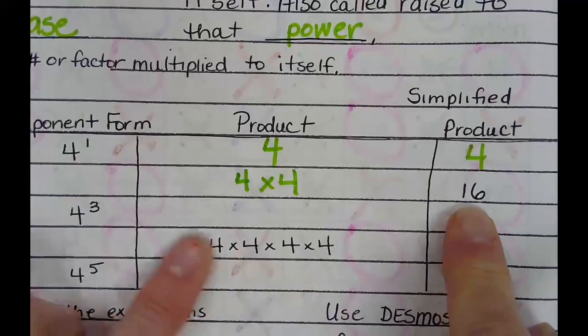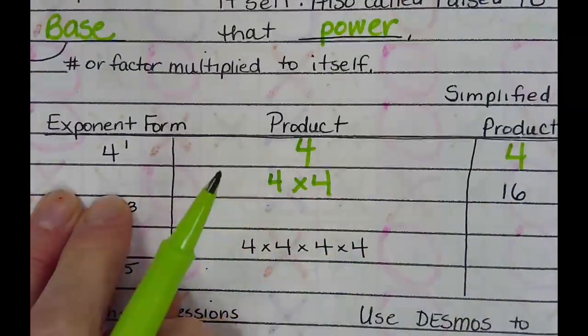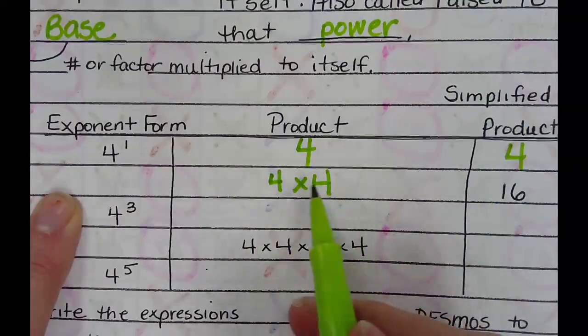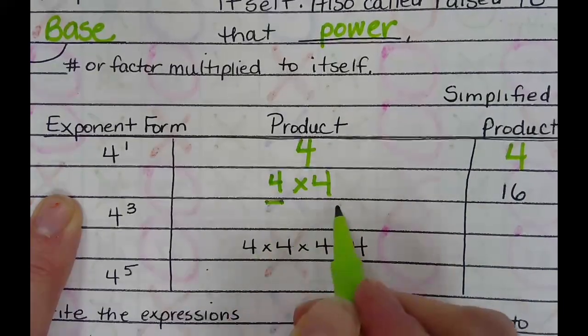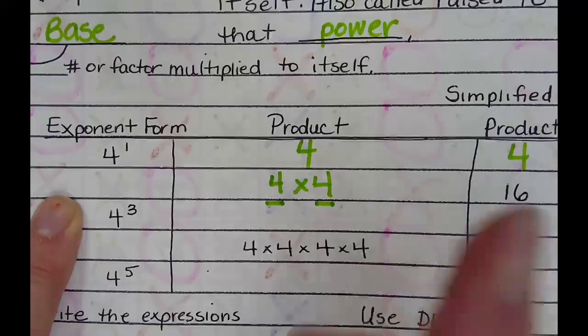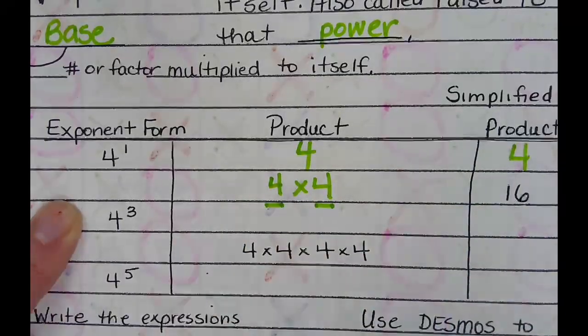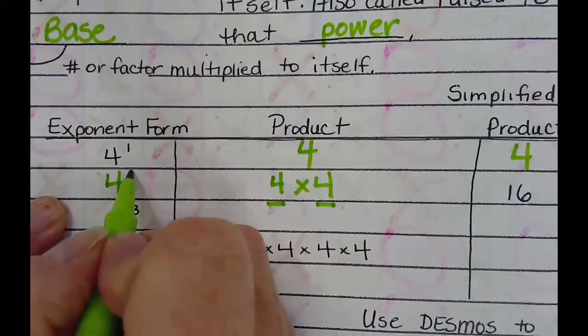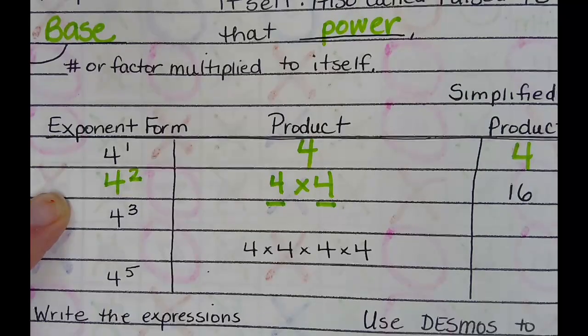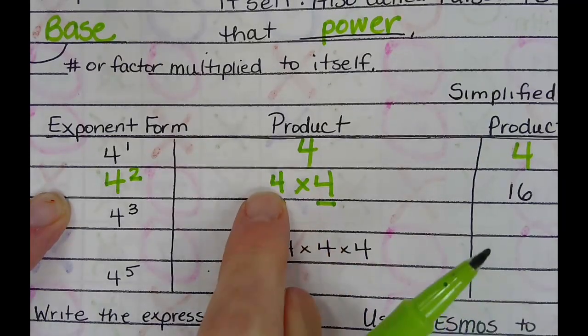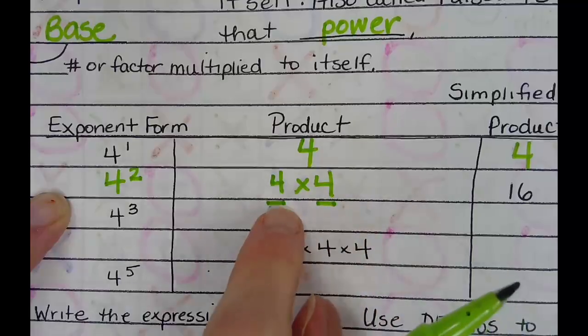So, how would I write the exponent form? 4, and then a mini 4 on top? How many 4s am I multiplying? 2. So it's going to be 4 to the second power because I'm multiplying 2 of them. It's how many I have.